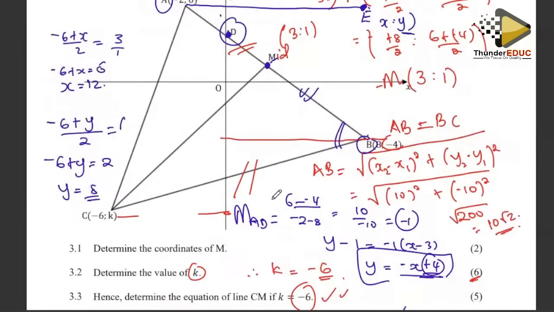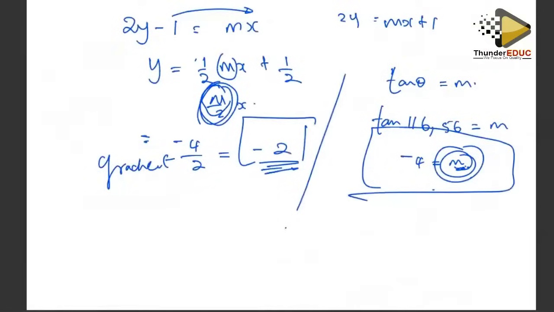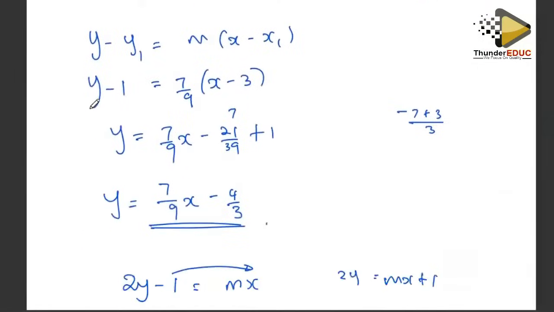What do you think needs to be done here? What needs to be done? You see the gradient here is -1. We got the equation of MC. And what was the equation of MC?